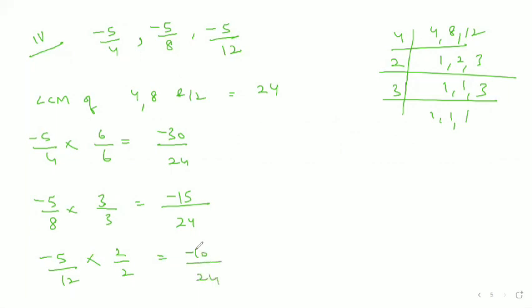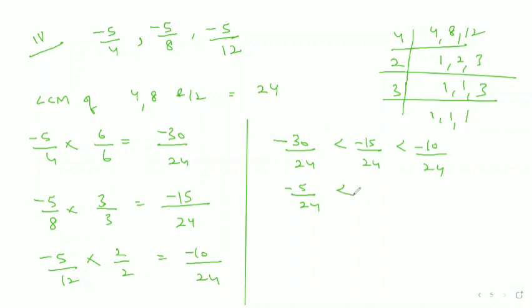Now arrange the rational numbers. So our answer would be minus 5 by 4 is the smallest rational number, then minus 5 by 8, and minus 5 by 12 is the biggest rational number in terms of ascending order.